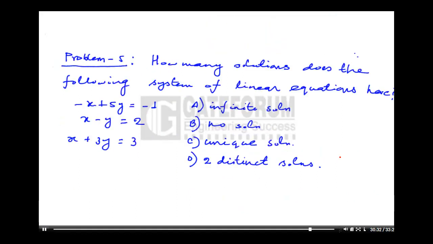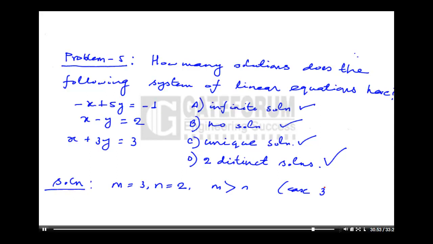Now the last problem is: how many solutions does the following system of linear equations have? Whether it has infinite solutions, no solution, a unique solution, or two distinct solutions. Here m is equal to 3, n is equal to 2, m is greater than n. So case 3 is applicable.